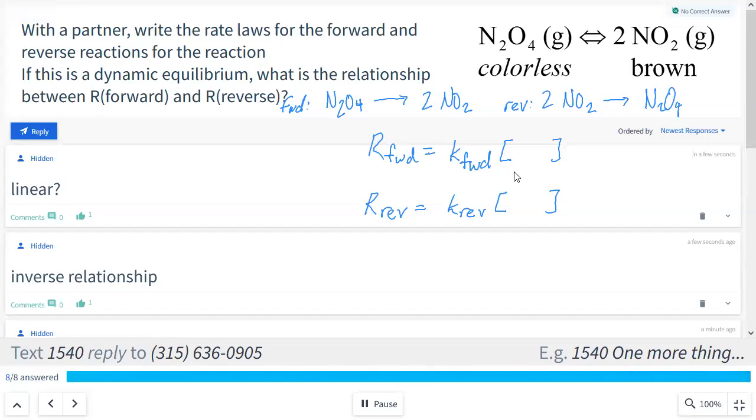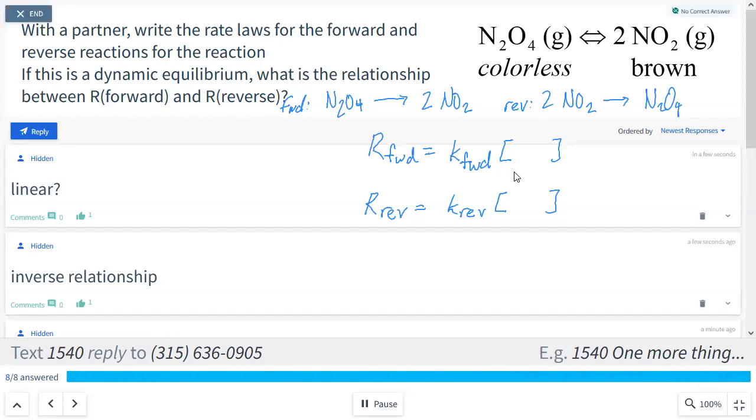Think about that reaction from brown to colorless. If the two reactions are not equal in rate, we would notice over time that the reaction mixture either gets darker or lighter, depending upon which reaction was faster. But that's not the case here.